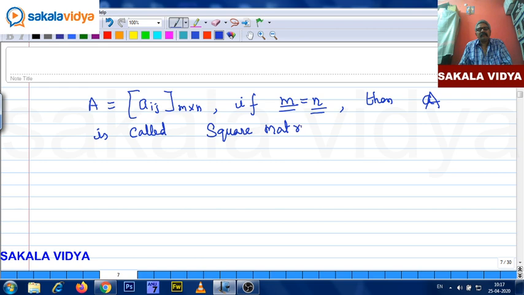Actually this is very important in matrices. We have a lot of discussion on square matrices only. A is equal to Aij, m by n, if m is equal to n, the number of rows equals the number of columns.